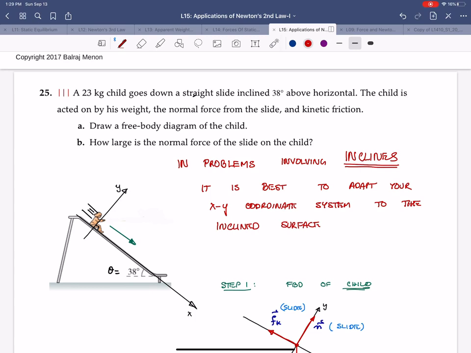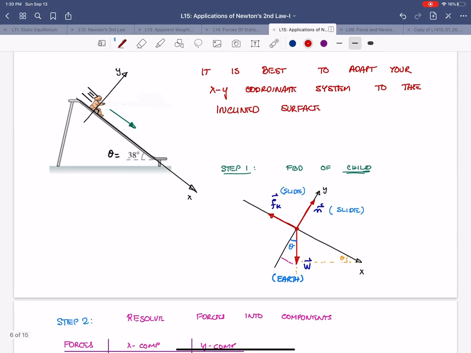Once we have drawn our x and y coordinate system this way, now to draw the free body diagram, we sketch the forces. There's always going to be the weight, and the weight is always in the vertically downward direction. The normal force in this case is perpendicular to the incline.